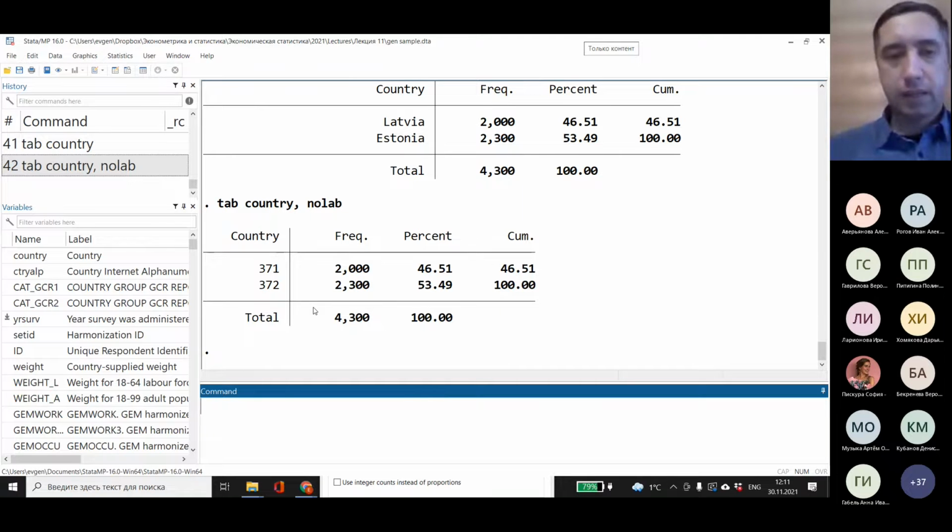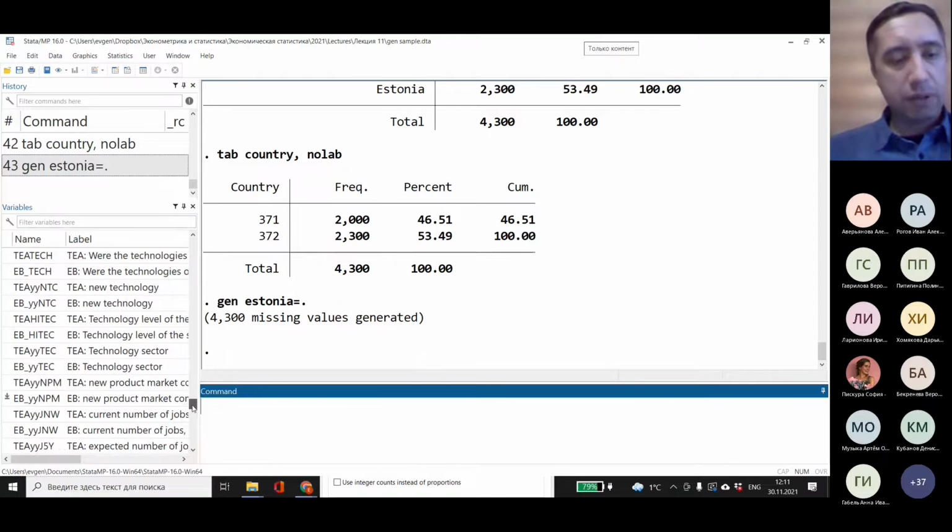Now let's create it together. Let's generate a new variable, for instance, Estonia equal point. What does that mean, equal point? Equal point means that we create an empty variable.